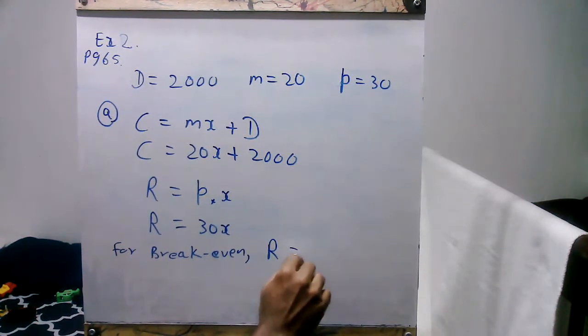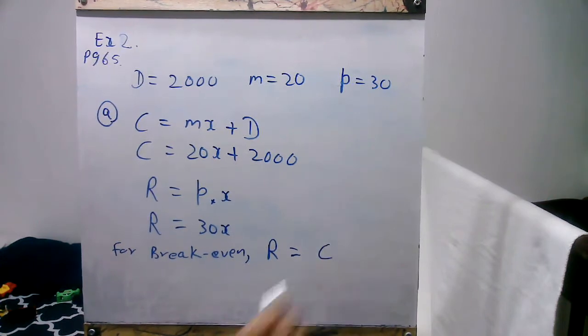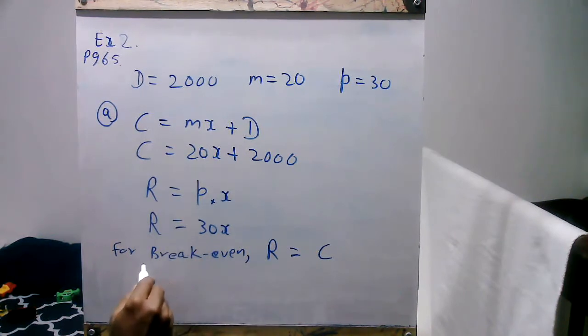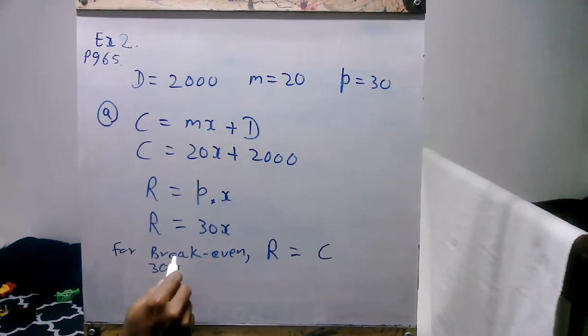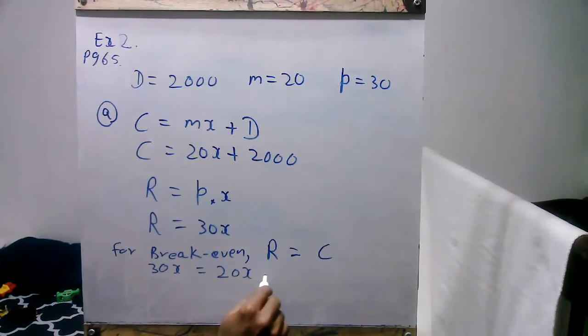Revenue should be equal to the cost. Revenue is given by 30x, cost is 20x plus 2000.